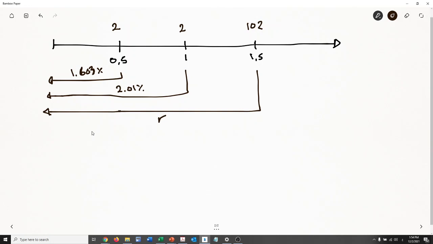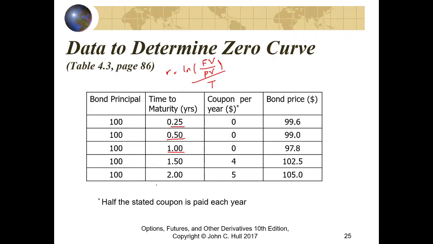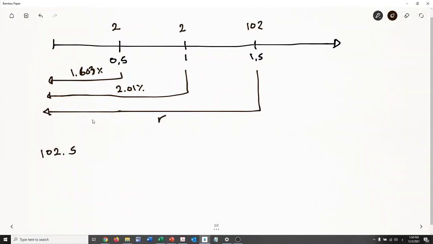We know that the present value of this bond, or the price of this bond, we observe in the market, is 102.5. From the table here, the price is 102.5. So we want to find the present value. This is the present value of the coupon payments plus the face value that the bond will pay during the next year and a half.